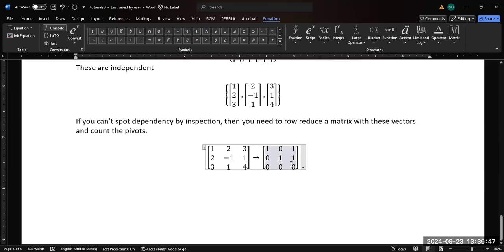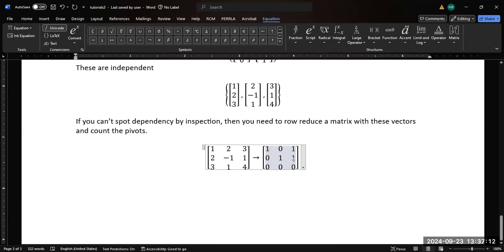And in this column where I don't have a pivot, what you'll get are, in fact, the multiples of the other two vectors that you'll need in order to get the final vector as a linear combination of the others. So I added one copy of this one to one copy of this one to get this one. And you can see that the 1, 1 is telling me exactly the same thing.